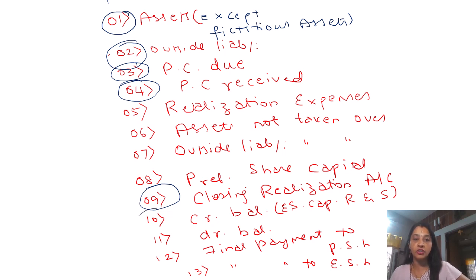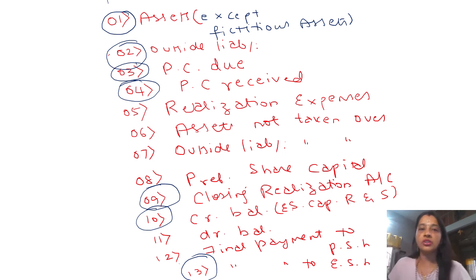Credit balances will be there. Debit balances may or may not be there. Final payment to preference shareholders, if there are none, this will not come. And then final payment to equity shareholders, obviously, because without owners the company will not be there. So these are the 13 maximum entries which you will post in the books of transferor company for closing the company permanently.